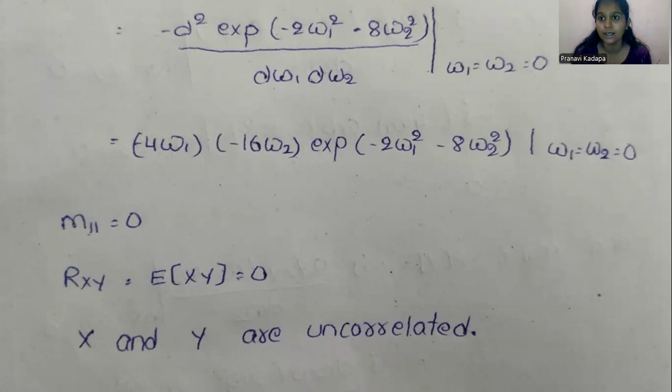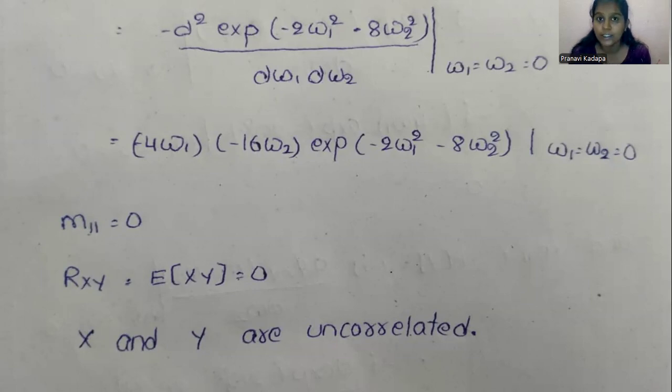Then by applying the characteristic function in phi X,Y of omega 1, omega 2, we get minus d squared of exponential of minus 2 omega 1 squared minus 8 omega 2 squared by d omega 1 d omega 2, where omega 1 and omega 2 equal 0.